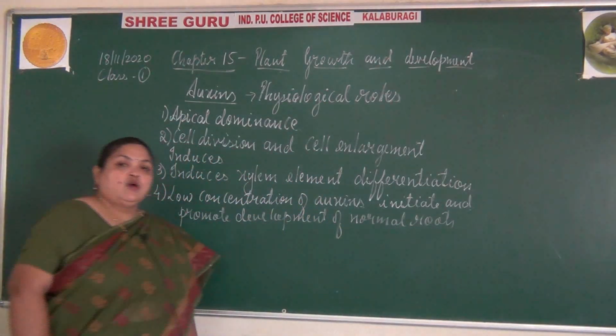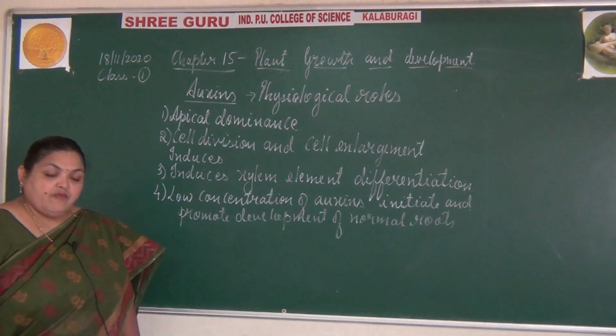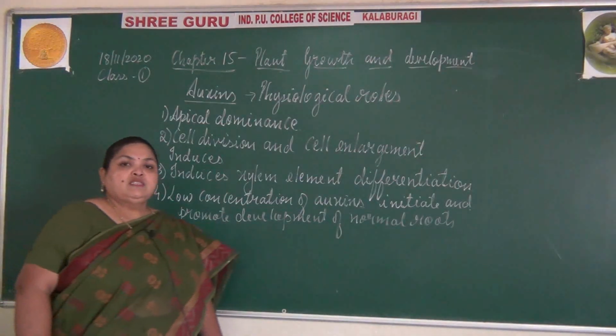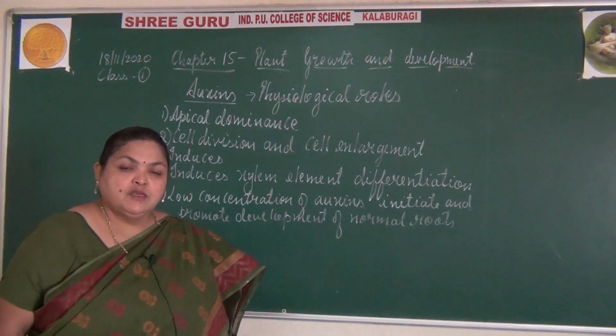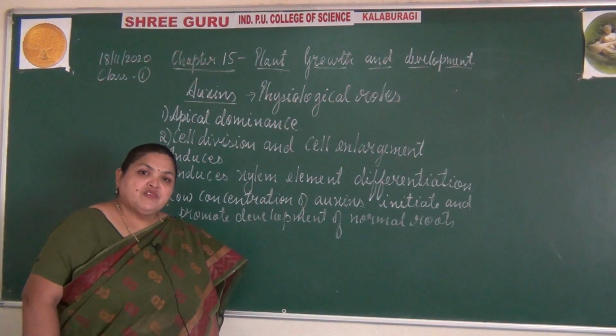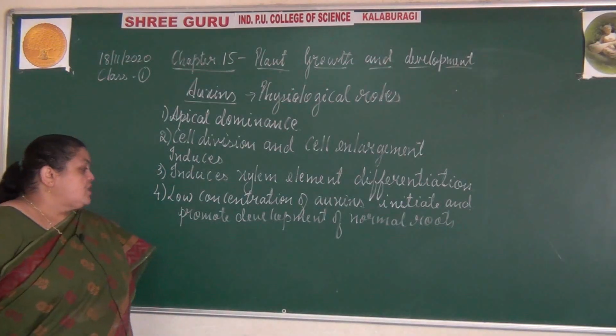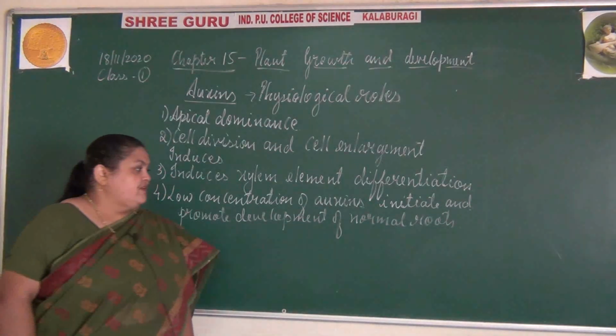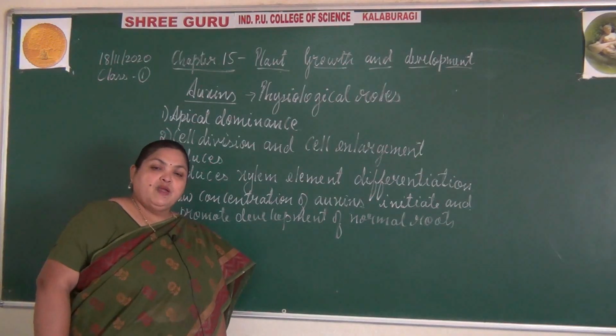In some particular plants, when you add a low concentration of the auxins, it promotes the development of the normal roots.